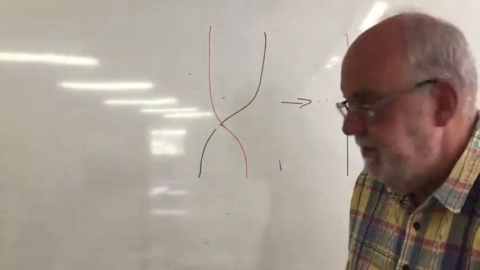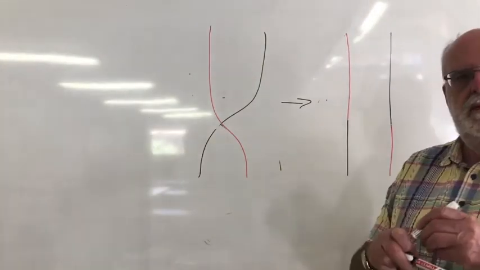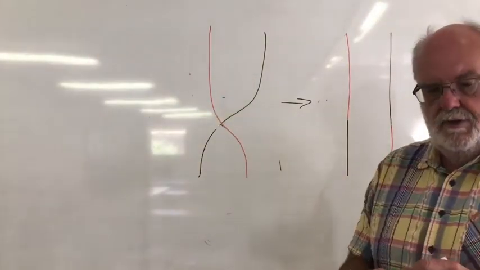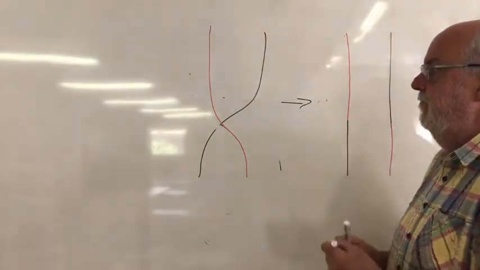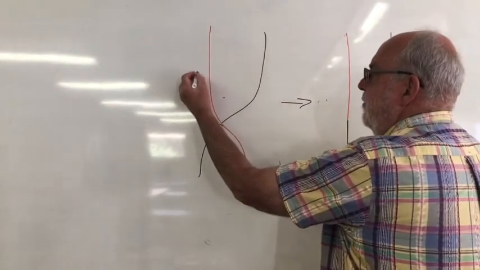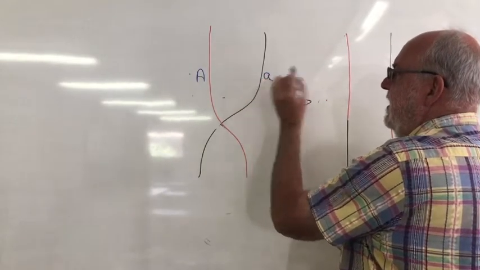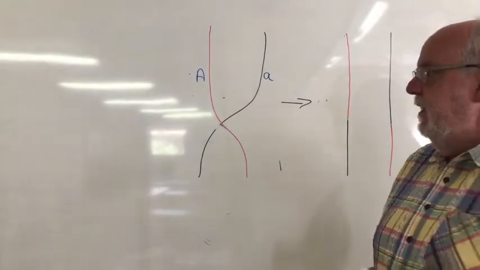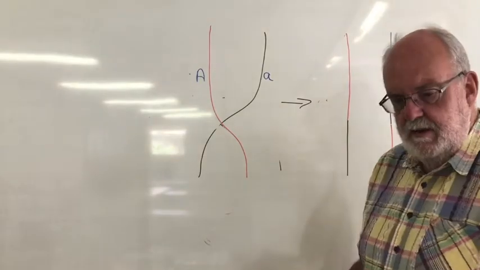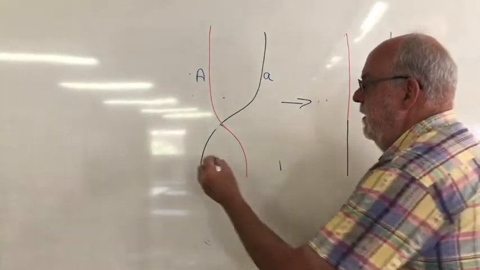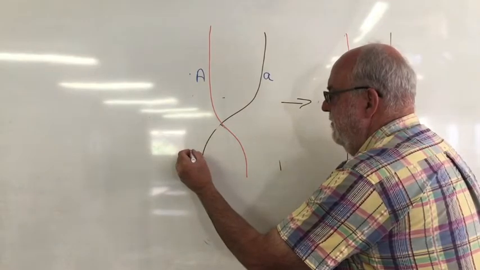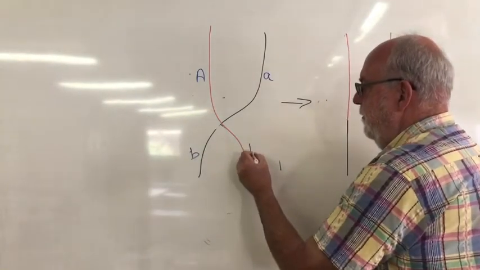So if I put on my original diagram here two different genes, let's say there's a dominant gene there and the recessive gene there, and a different gene, the recessive gene here and the dominant gene here.